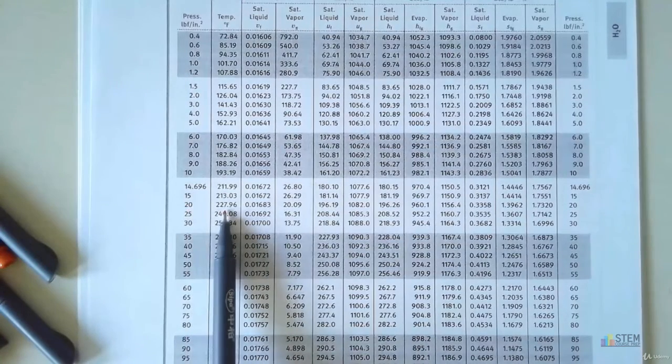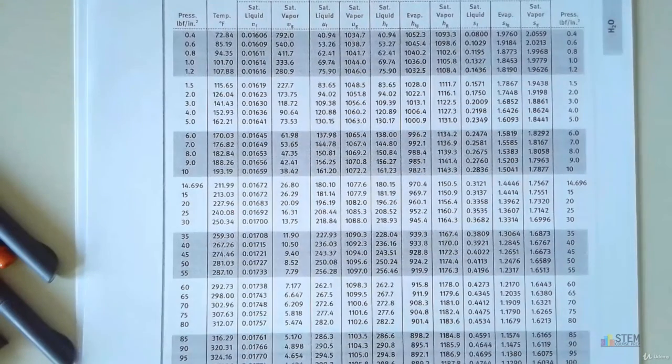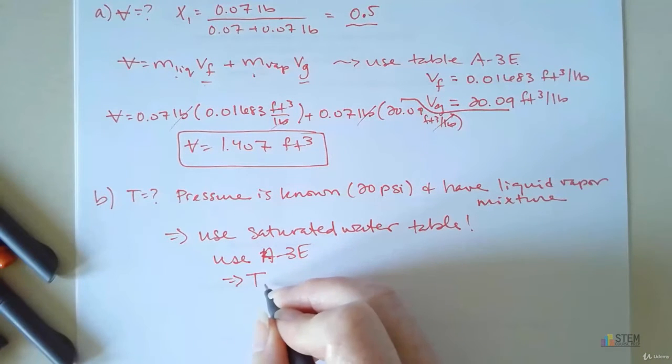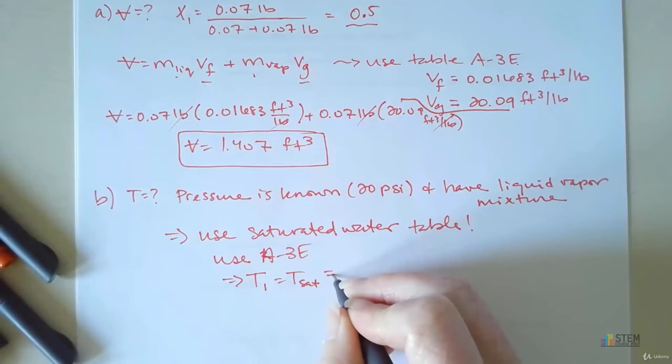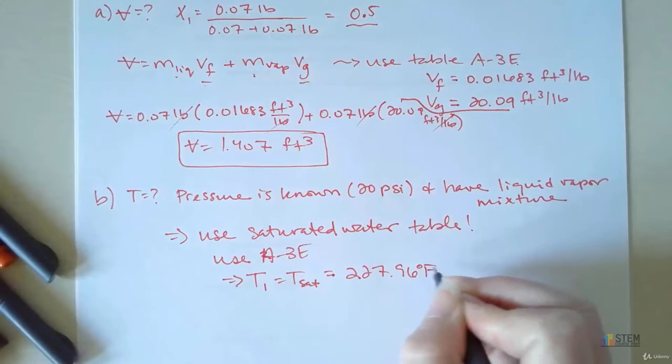We come over here, the saturation temperature is 227.96. And this is the temperature we are at initially when we have that liquid vapor mixture. So that is the answer for B. So T1 equals saturation temperature, which was 227.96 degrees Fahrenheit.